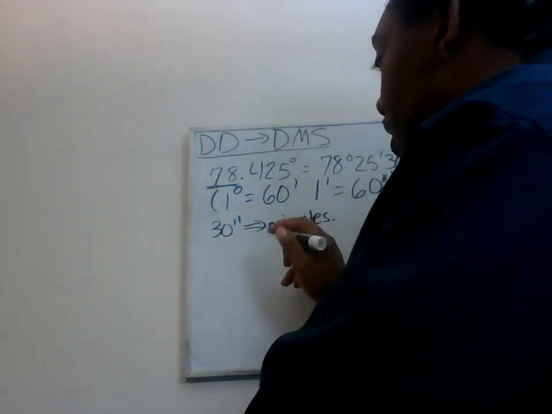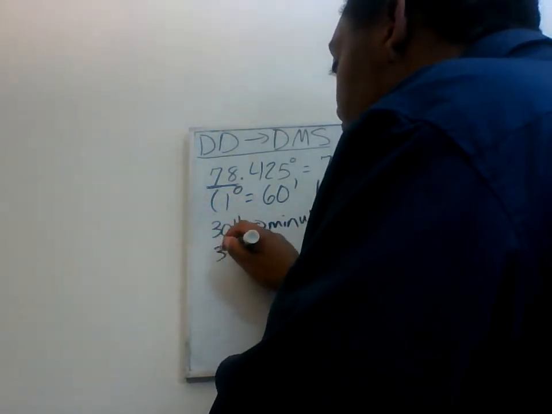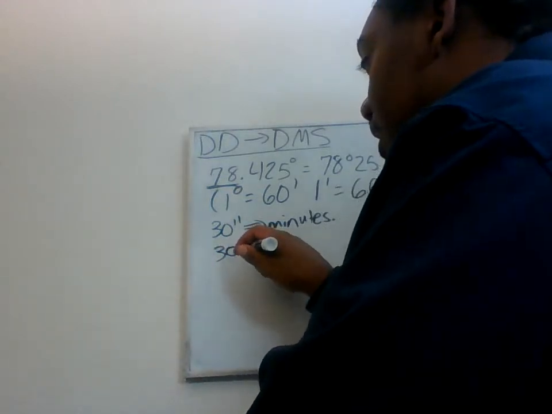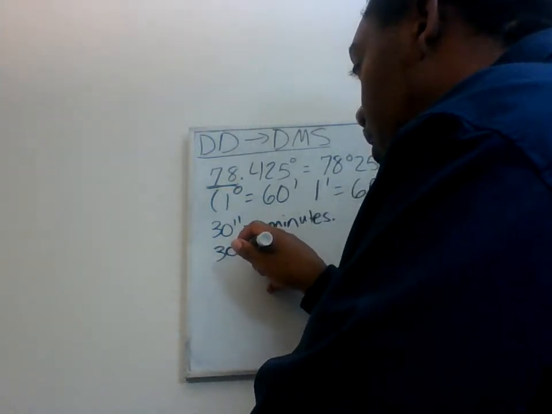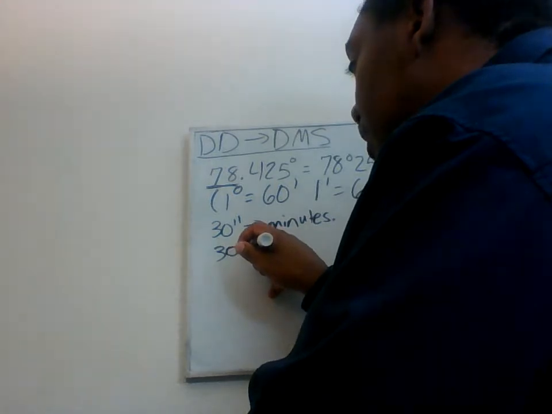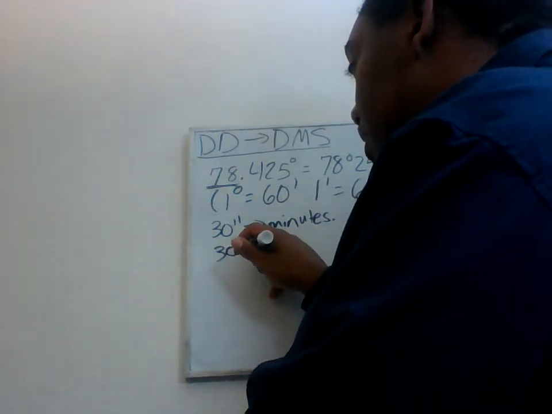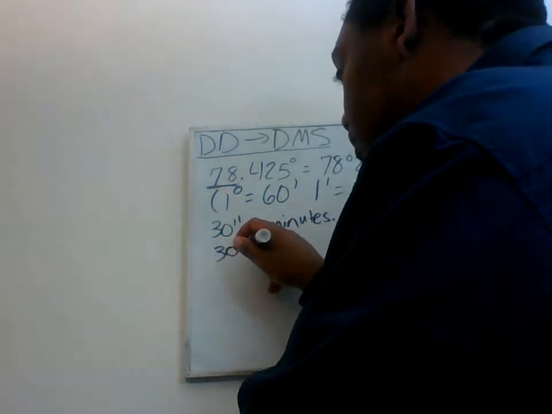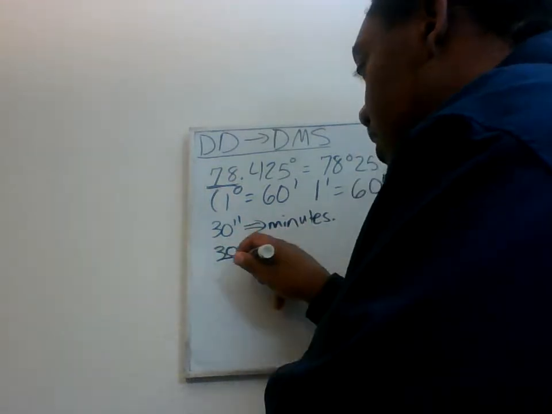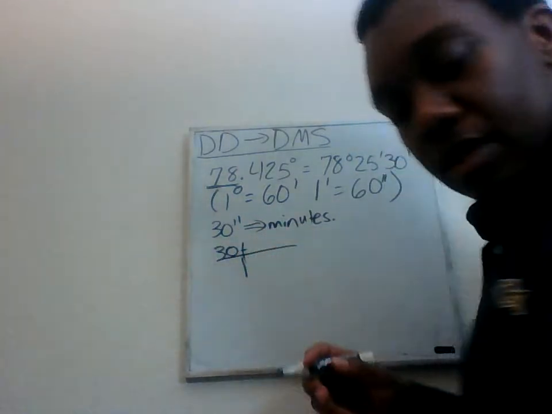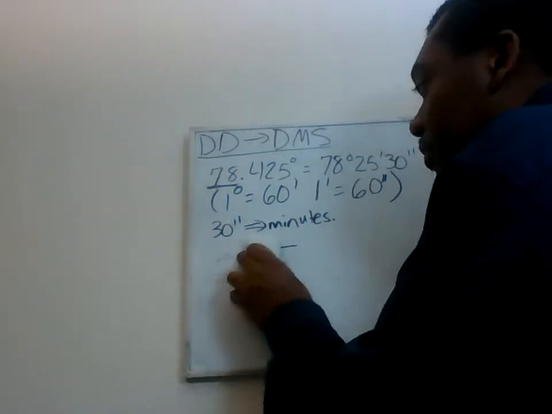Well, we know that we have 30 seconds, and there are 60 seconds in 1 minute. So if I take my 30, and for those of you that have seen dimensional analysis before, this will look very familiar.